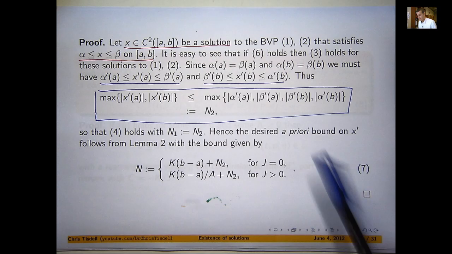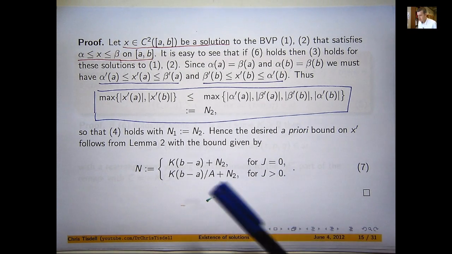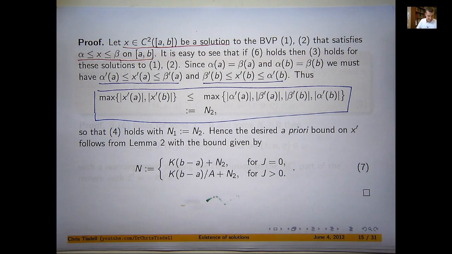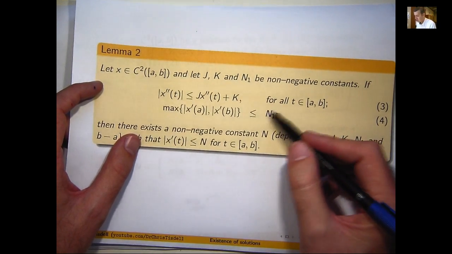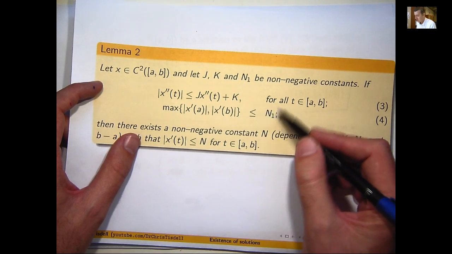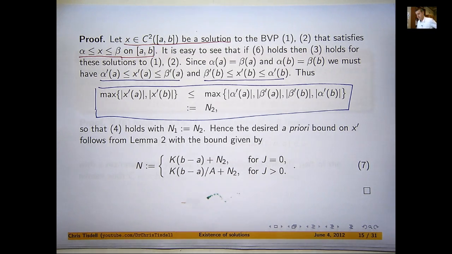Okay, so let's take the maximum of all of these 4 things, call it n2, and then whatever that n2 is, let's just define it as n1, and we can have this inequality 4 holding.